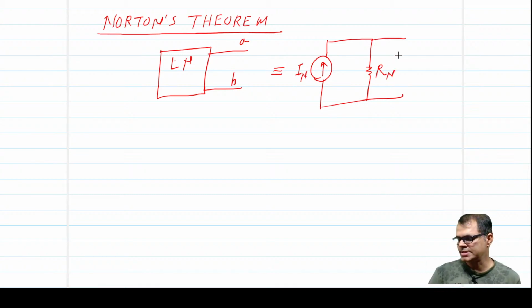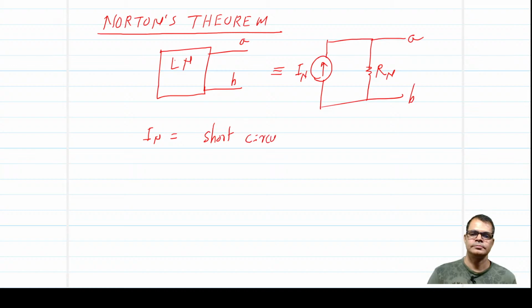Like Thevenin voltage, Thevenin current, you can reduce into this at the terminal A and B. What is the Norton current? IN is the short circuit current at AB.